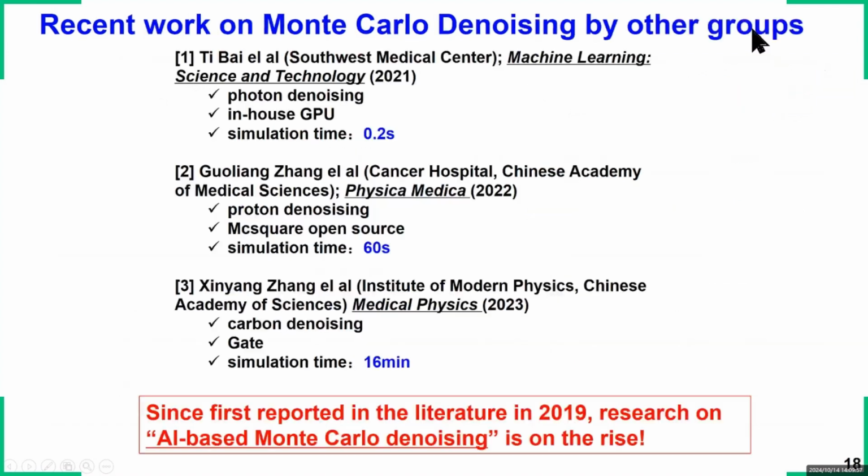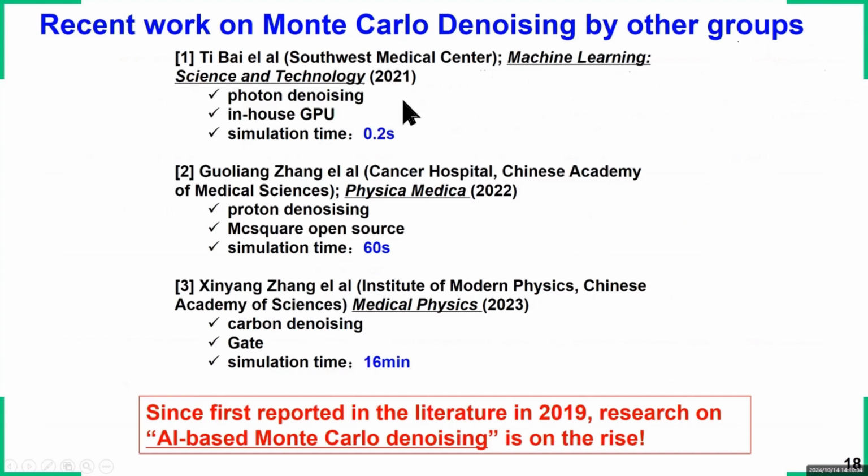We are now the only group that is working on this Monte Carlo denoising since the concept was proposed in 2019. There are several very important publications. For example, the group from Southwestern Medical Center in Dallas, United States, investigated proton denoising using in-house GPU software.